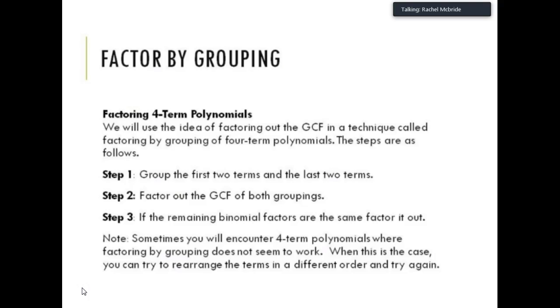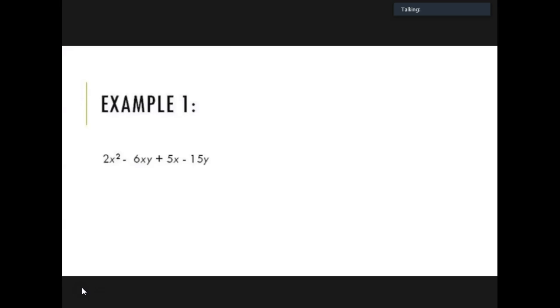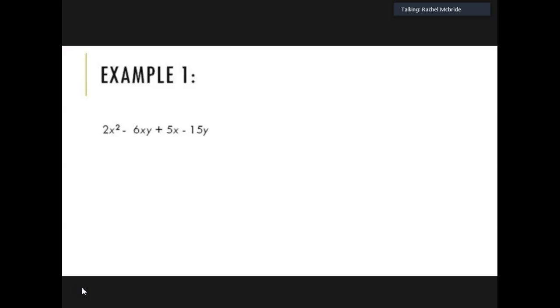So let's look at an example. We have 6x squared minus 6xy plus 5x minus 15y. So we can see from the very beginning that I have 4 terms.